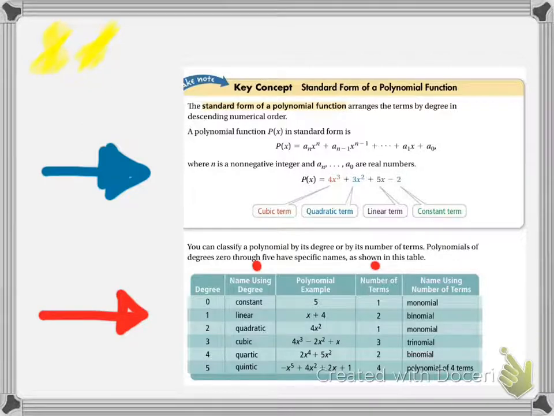The last one is a quintic polynomial of 4 terms. So another way of calling that one is to say a 5th degree polynomial with 4 terms. So as the powers go up and the number of terms increase, we just use whatever number of terms and powers that we have. This is going to be important, and you need to make sure that you know how to do this and put them in standard form.